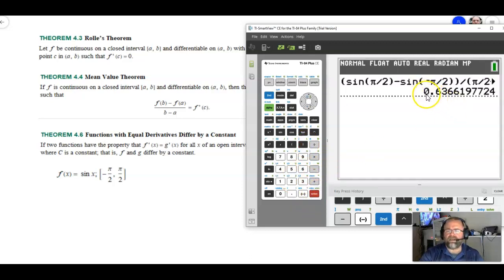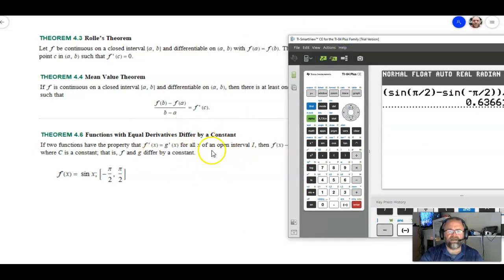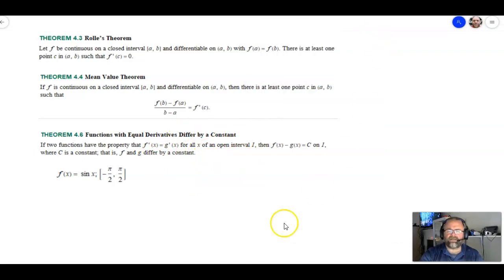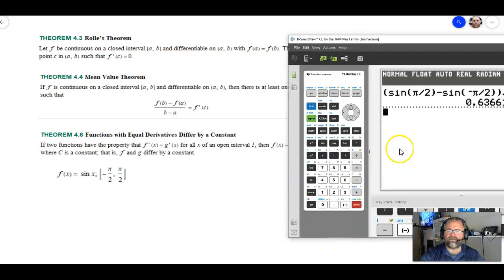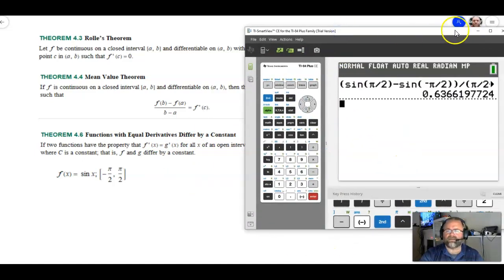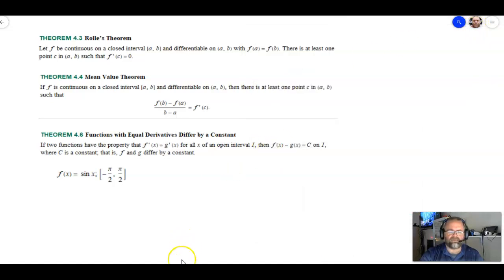We get a secant line of this value here, and we should actually probably do this one by hand because I'm sure we're going to get some radicals in there. So this is this over here. The sine of pi over 2 is what?